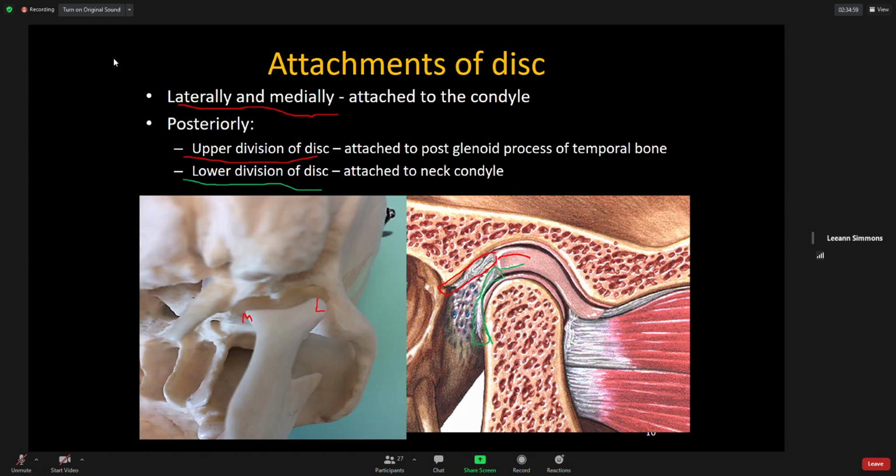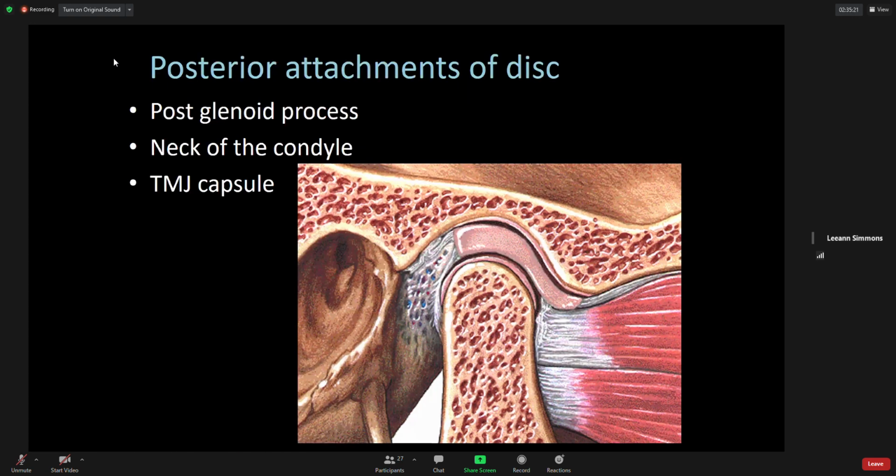So the body has all these ways to keep that disc in place. All right? From these posterior attachments, from lateral attachments to the condyle, that we showed over here on this image, and medial attachments. Okay, and naturally there's going to be anterior attachments. Oh, here we go.